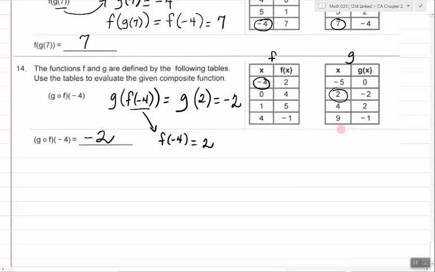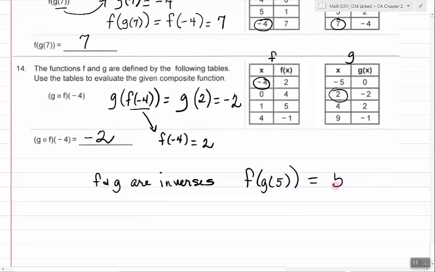These two functions are definitely not inverses, because when I did the composition, I started with -4, but I did not end with -4. So if two functions are inverses, if f and g are inverses, then f of g of any number, let's say 5, even if I don't have any ordered pairs, it's equal to 5.